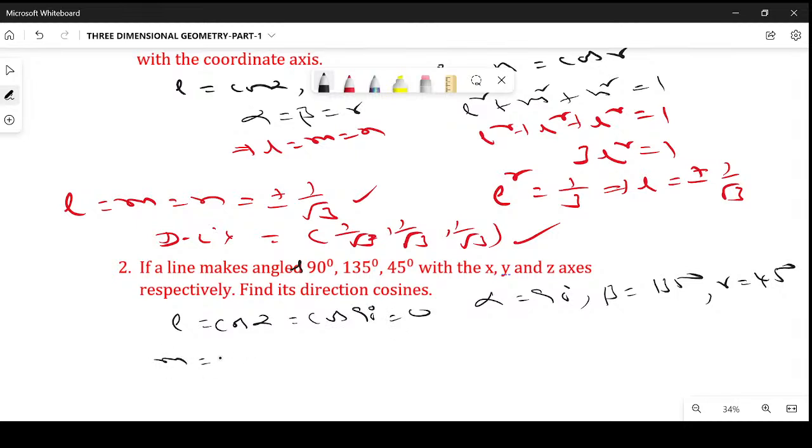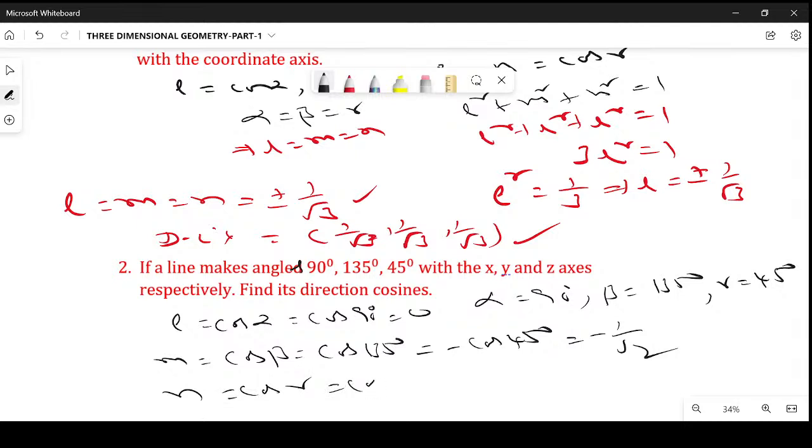m is equal to cos beta, so I can write cos 135 degrees, which is minus cos 45 degrees, how? 180 minus 45, so minus 1 by root 2. n is equal to cos gamma, which is cos 45 degrees, 1 by root 2.